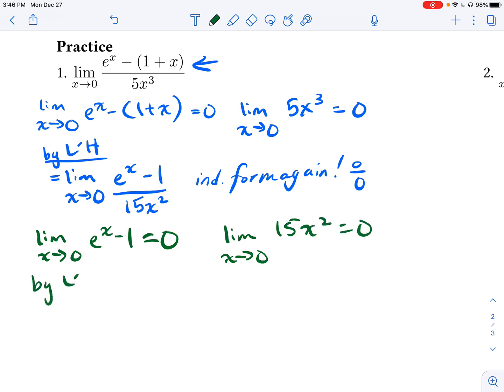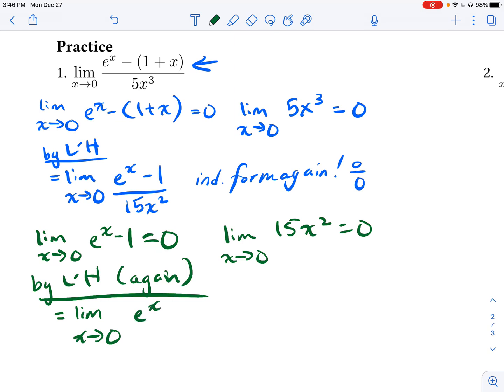So by L'Hopital's rule, again, we can now say that the original limit now is equal to the limit of these derivatives, the derivative of the numerator, which is now just e to the x, the derivative of the denominator, which is 30x. And if we try to do e to the 0 power, well, that's going to be 1. The denominator is going to be equal to now 1 over 0.